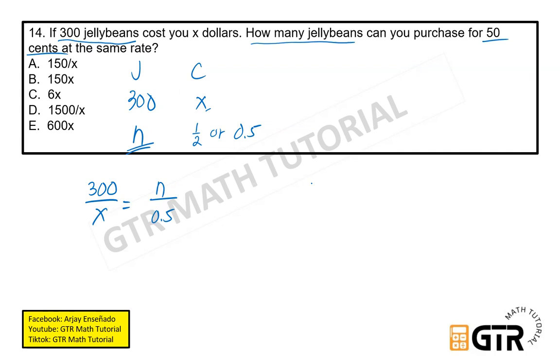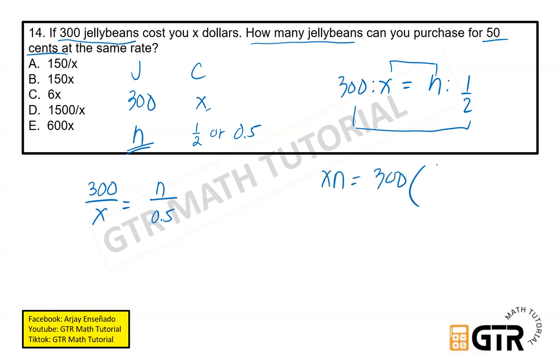Pwede rin yung ganito na 300 is to x equals n is to 1 half. Kahit alin dyan sa dalawa ay parehas lang ang kakalabasan. So i-multiply lang natin na sinosolve natin yung n. So product of the means equals product of the extremes.